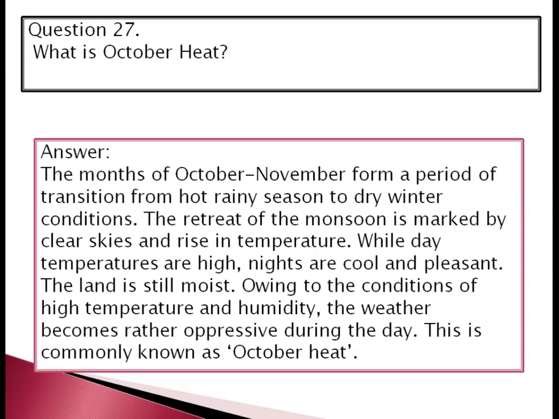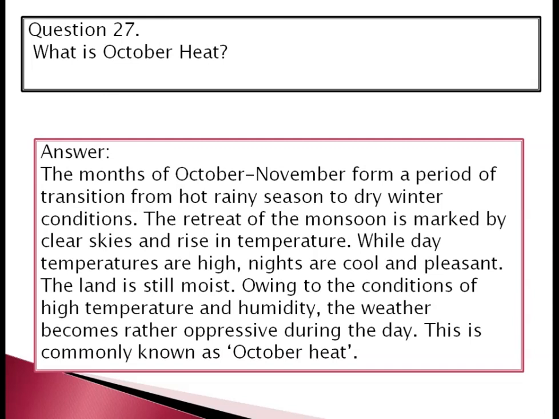The months of October-November are a period of transition from the hot rainy season to dry winter conditions. The retreat of the monsoon is marked by clear skies and a rise in temperature. While day temperatures are higher and nights are cooler and pleasant, the land is still moist.